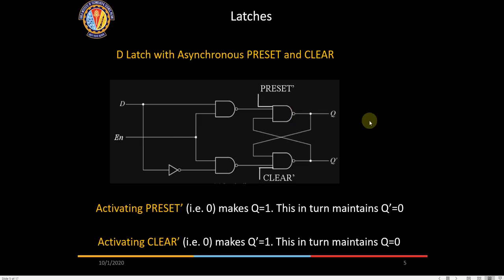So in those cases we can use the preset and clear to initialize these flip-flops to a desired level, either starting from 0 or from 1. We can use these pins to force the output to the particular state we require.